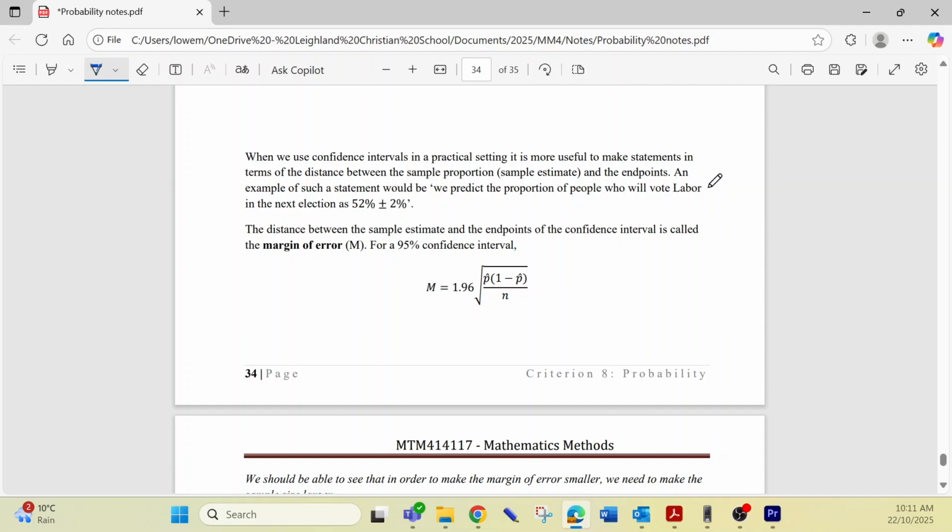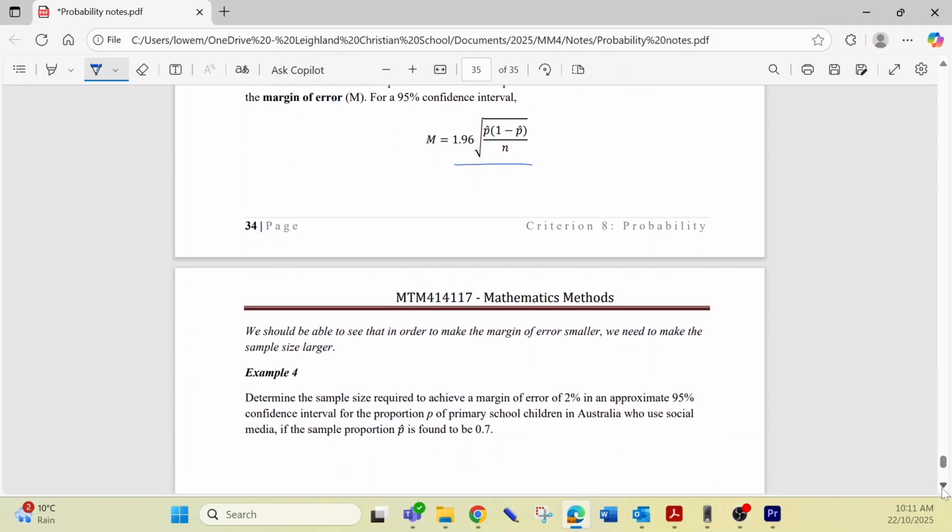So the distance between the sample estimate, in this case 52%, and the endpoints of the confidence interval is the margin of error, which, when we consider what we've just been calculating, for a 95% confidence interval is given by 1.96 times the standard deviation.